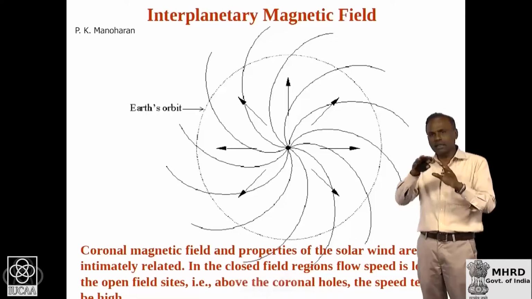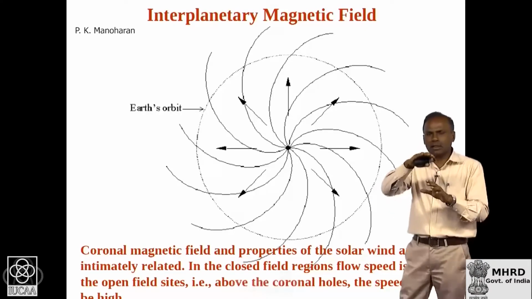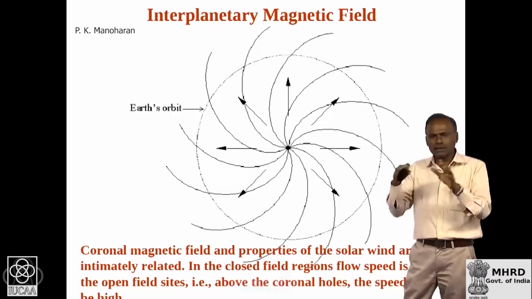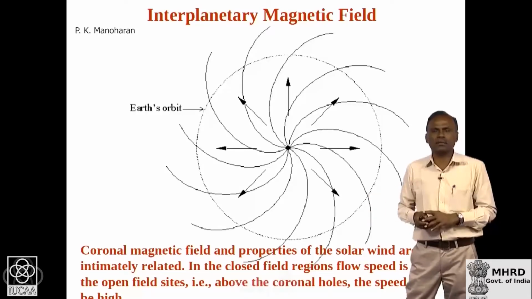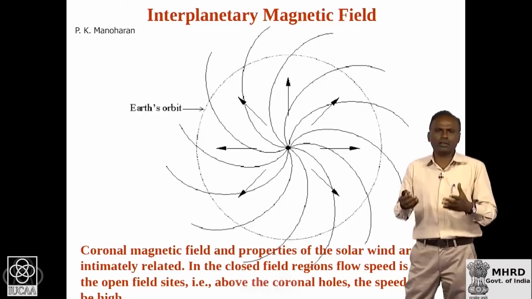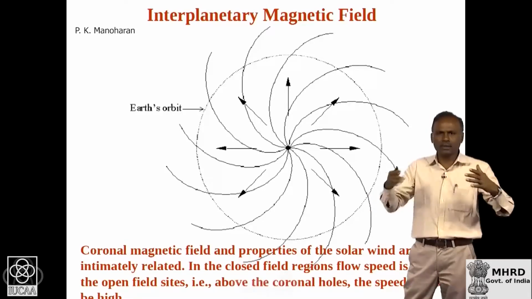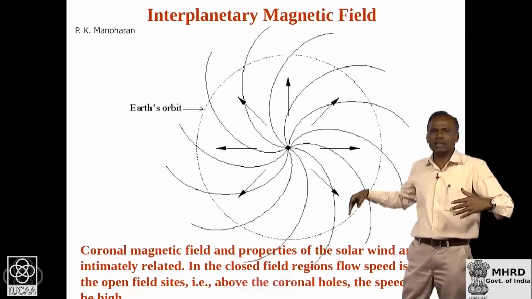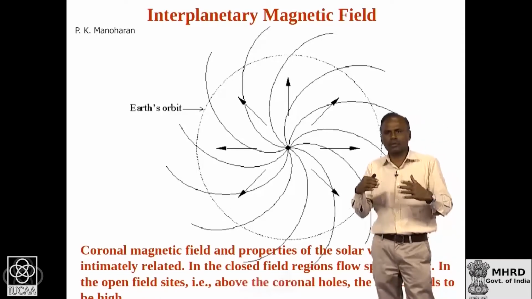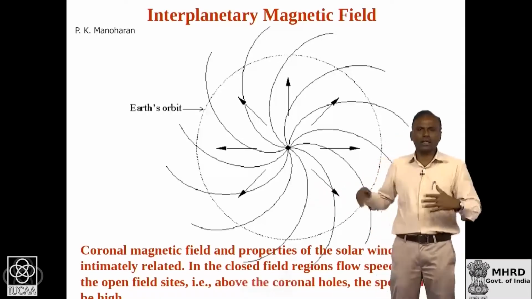For example, the Parker spiral curvature can change depending upon the solar wind speed. For 800 kilometer per second, the curvature will be less, the solar wind will be pulled nearly radially outward.